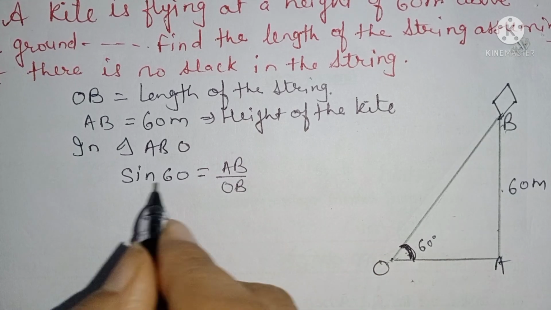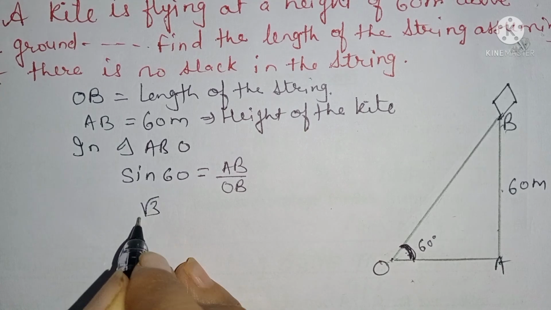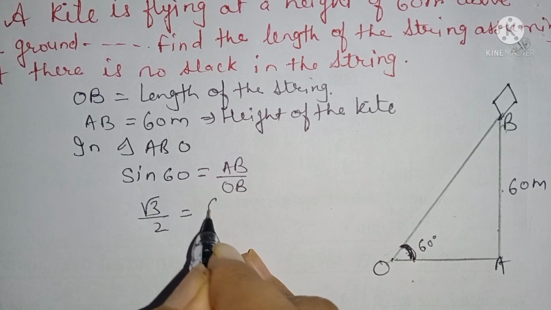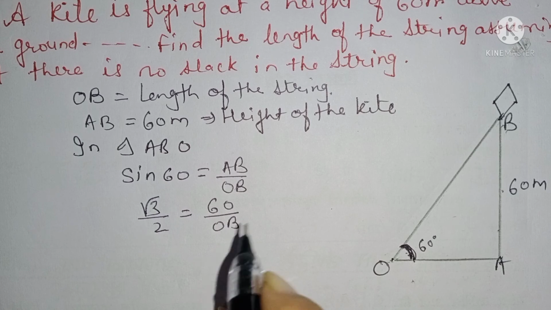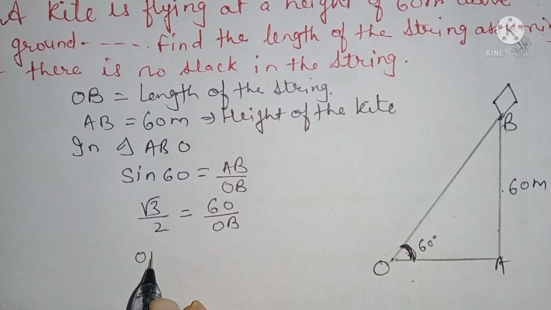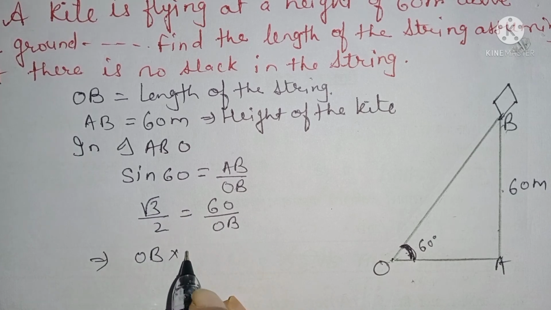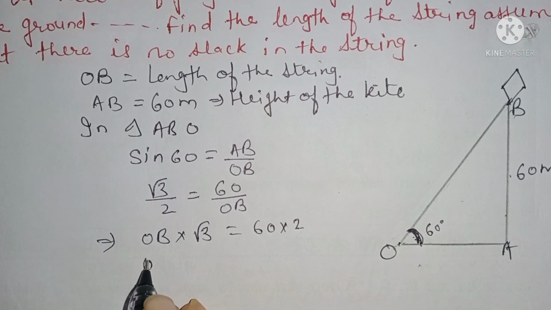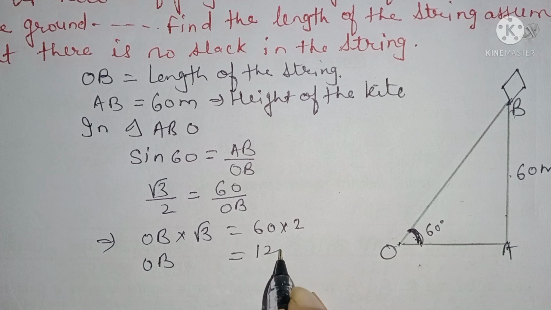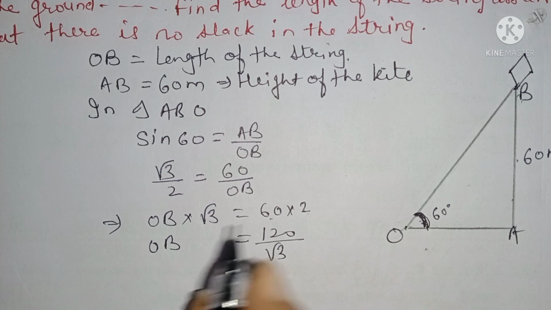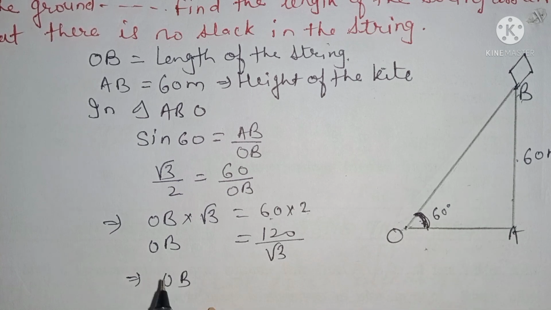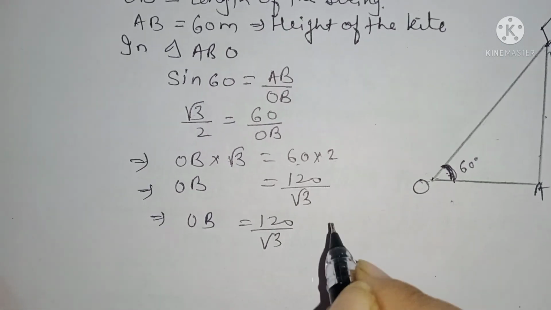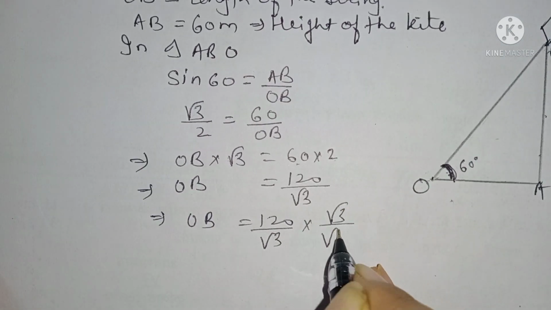Now you know the value of sin 60 is root 3 by 2, and AB is 60, OB we need to find out. So by cross multiplication you will get OB multiplied by root 3 is equal to 60 multiplied by 2. So OB is equal to 120 upon root 3. Now rationalize it. So your OB is equal to 120 upon root 3 multiplied by root 3 and divided by root 3.